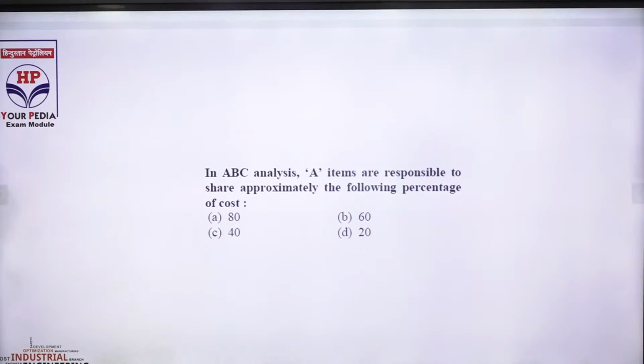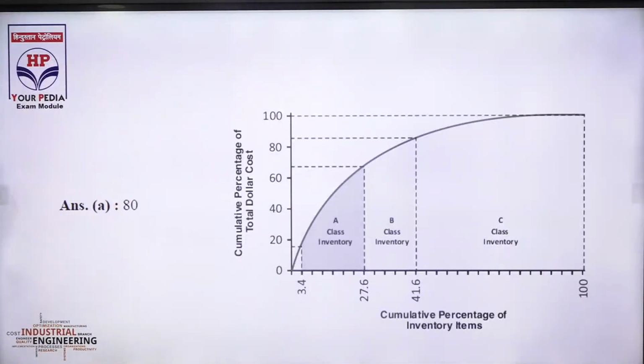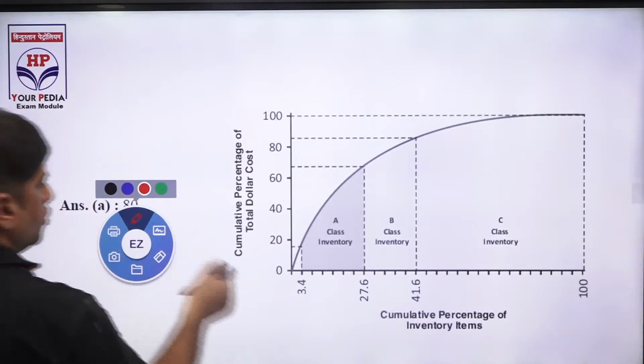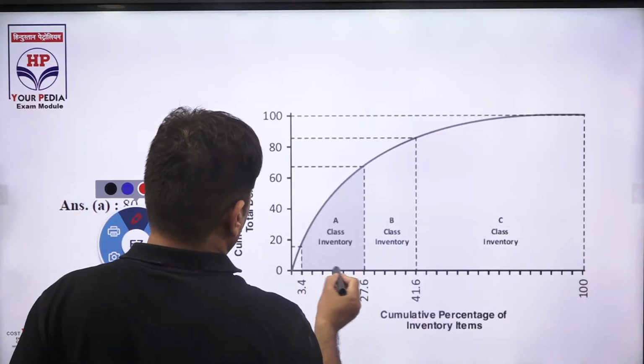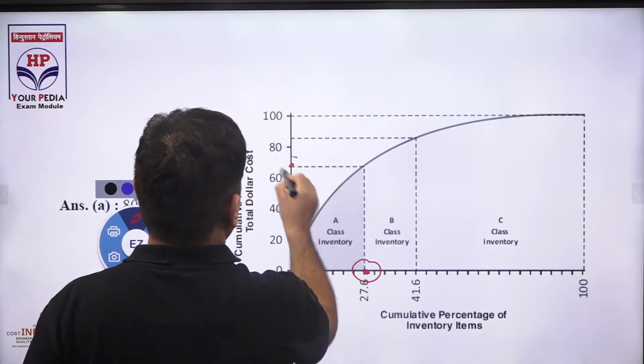We have already done this. A contributes to 10% of the quantity, but what does it contribute to the cost? Now there are two things by which you can define item A: what it contributes in terms of quantity and what it contributes in terms of cost.